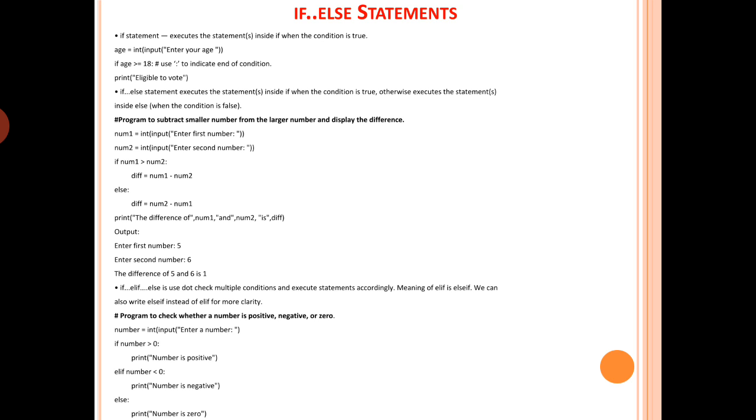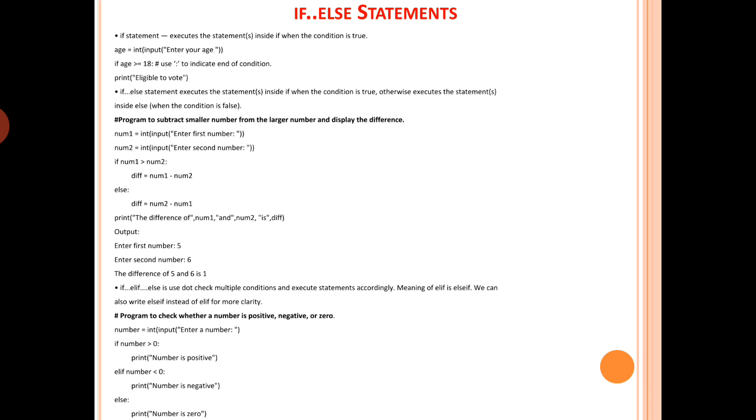Else, if num1 is less than num2, then it will subtract num1 from num2 and store the value in the diff variable. Now print, here the print statement is used to print the difference of num1 and num2.